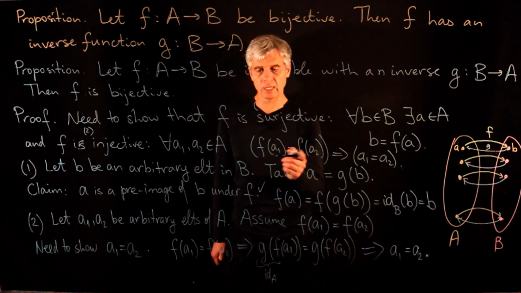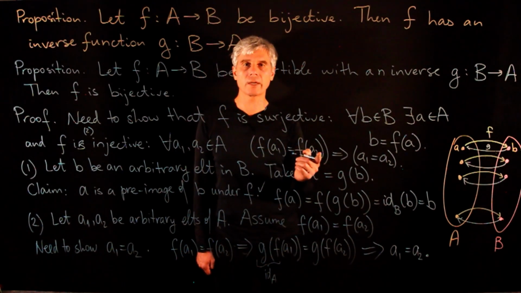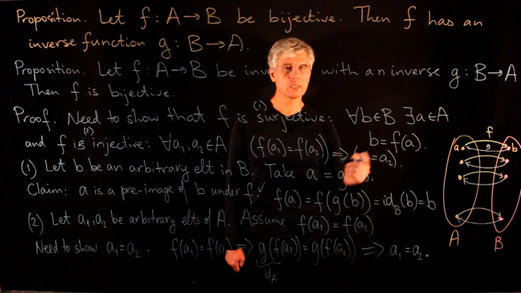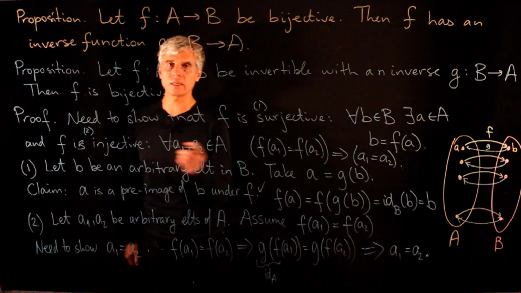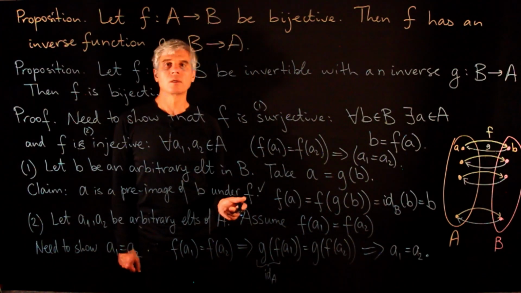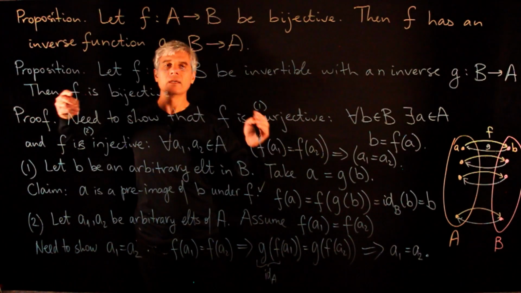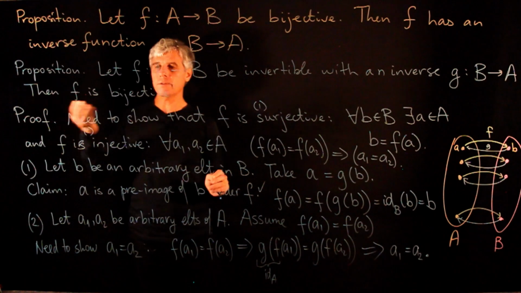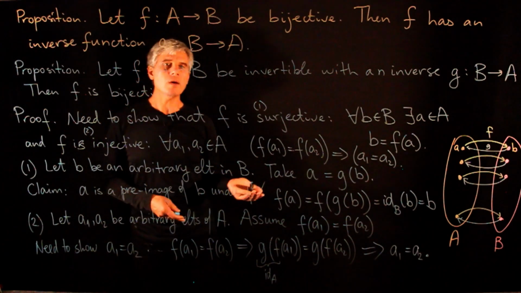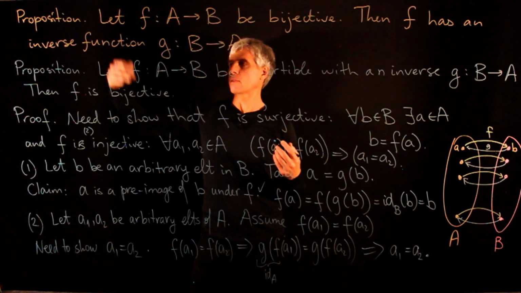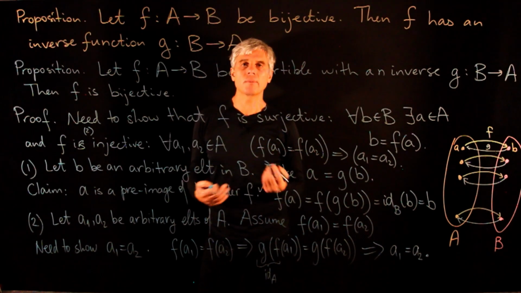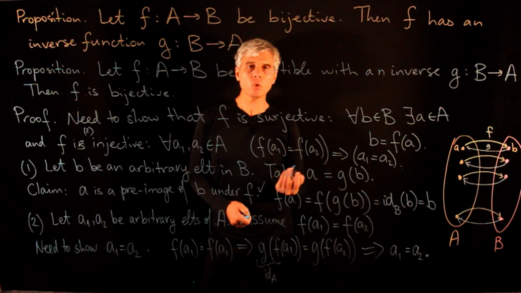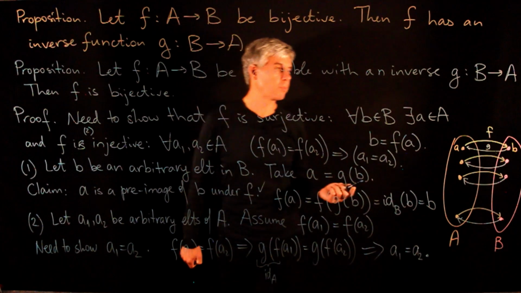And so this proves that if f of A1 is equal to f of A2, then A1 is equal to A2. And this is the injectivity property. So we proved that if f has an inverse, then f is bijective. And so now we combine these two propositions, and we obtain that a function is invertible if and only if it's bijective.